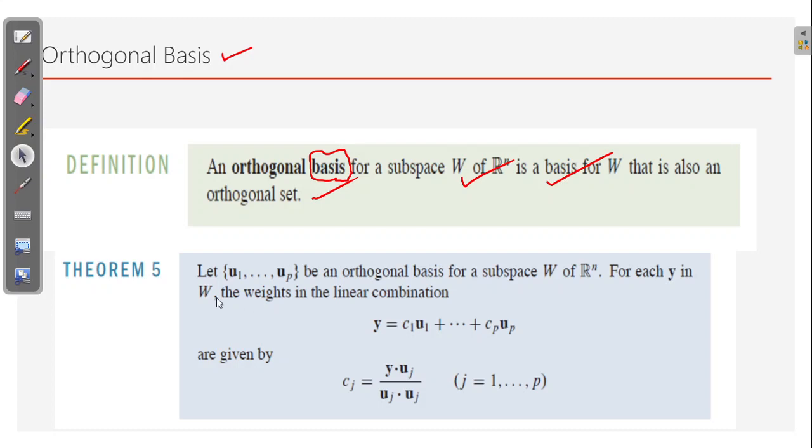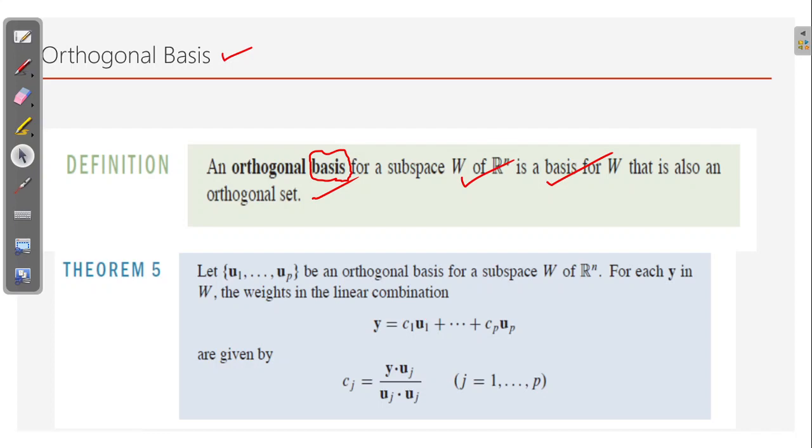For each y in W, the weights in the linear combination y equals c1 u1 plus c2 u2 plus etc. cp up are given by cj equal to y dot uj divided by uj dot uj for all j equal to 1 etc. p. So this is the theorem.